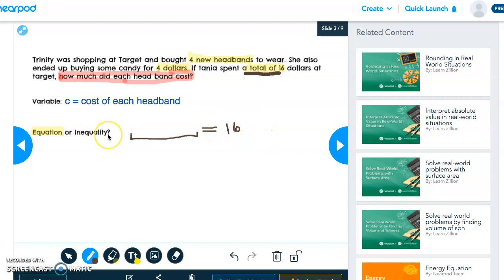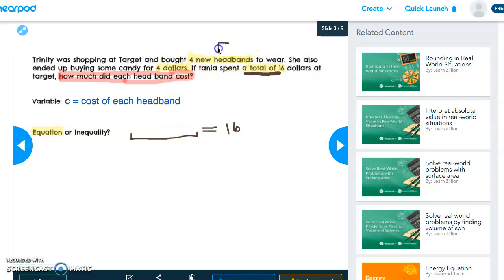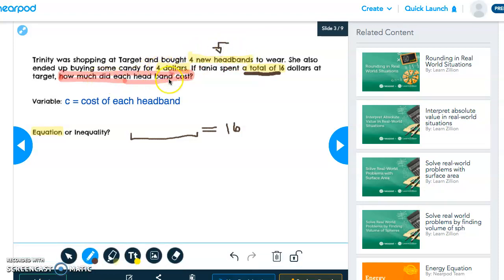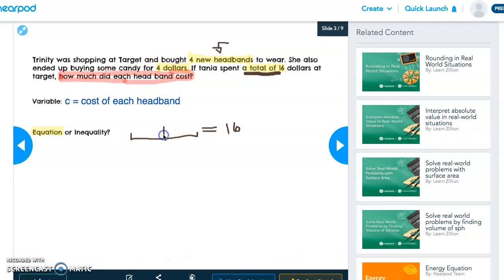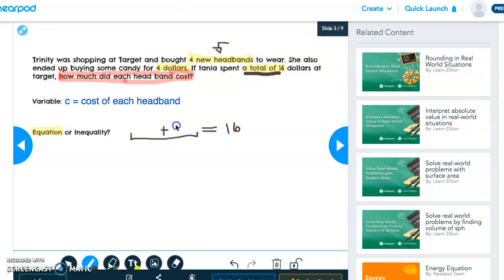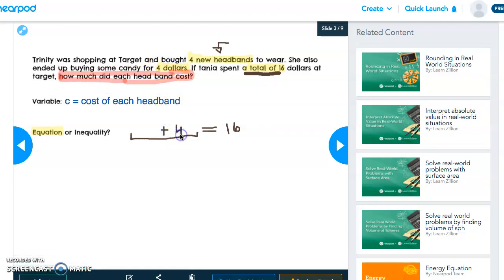What is it that was spent on? First thing, we know that Trinity spent $4 on some candy. So the first thing I'm going to put is $4 here. And the $4 represents the candy that she bought.